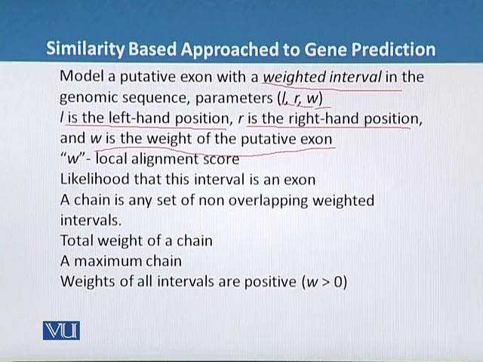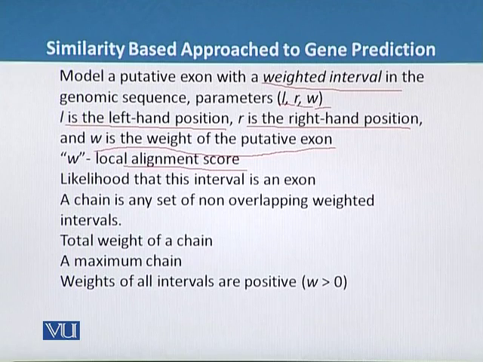The weight W may reflect the local alignment score for the genomic interval against the target protein sequence, or the strength of the flanking acceptor and donor sites, or any combination of these and other measures. It reflects the likelihood that this interval is an exon.